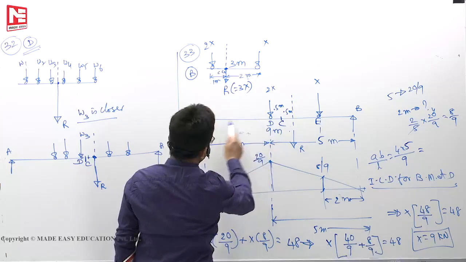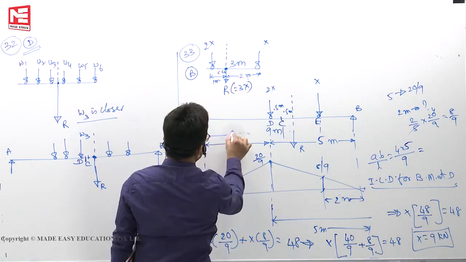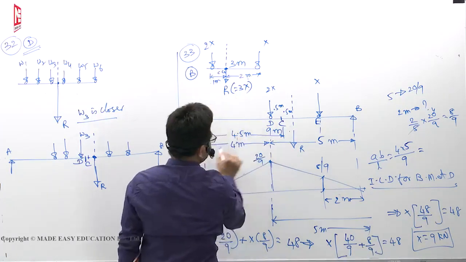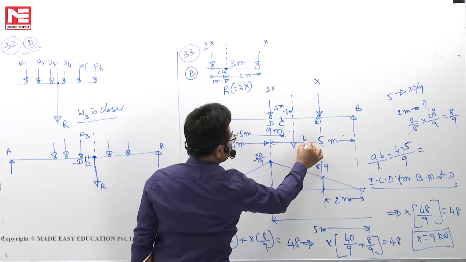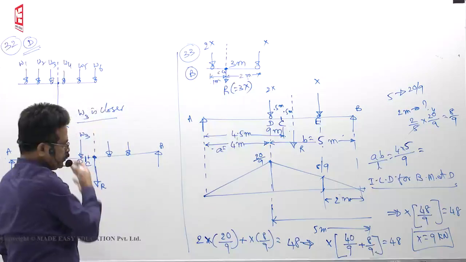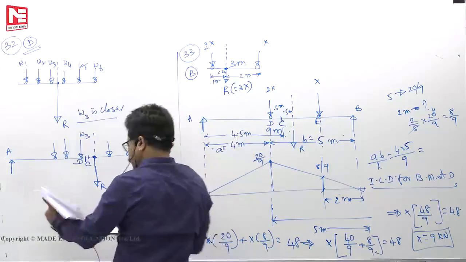So 0.5 gone. Out of 4.5, from here to here 4.5 meters. Center point means, okay, 0.5 gone means 4 meters. This is 4.5 plus 0.5, 5 meters. So B is 5 meters, A is 4 meters. See, nowhere we require a calculator. Without a calculator also we can manage.